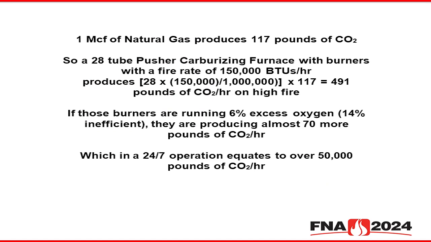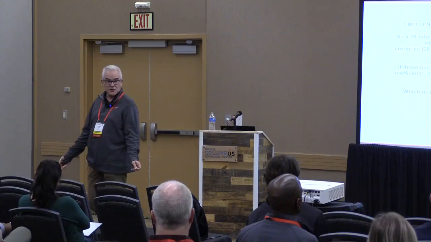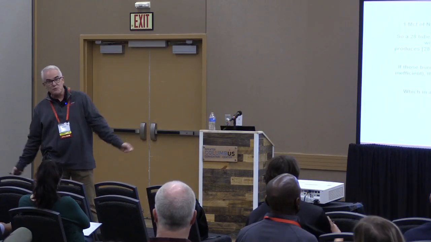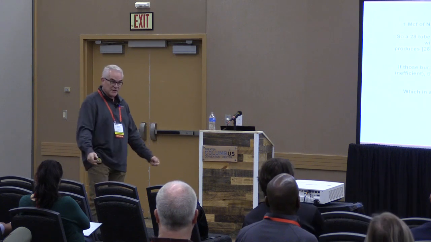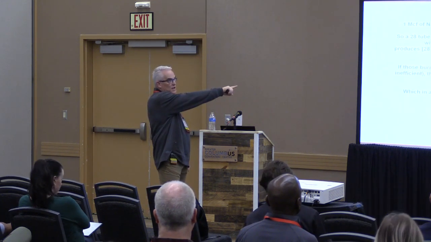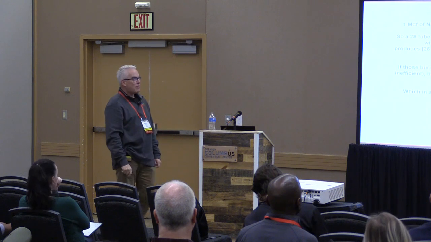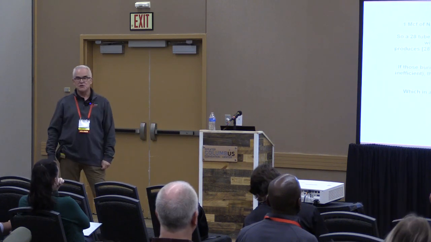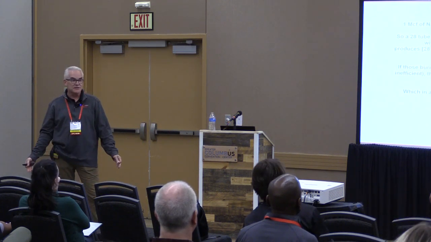If you're only 6% off, that's another 70 pounds. Start doing a little math on a 24/7 operation in a pusher furnace, and if you're a big captive shop with 6 or 8 or 10 of these pushers sitting around, it adds up quick. 24/7 operation, over 50,000 pounds of CO2 times 5 furnaces.